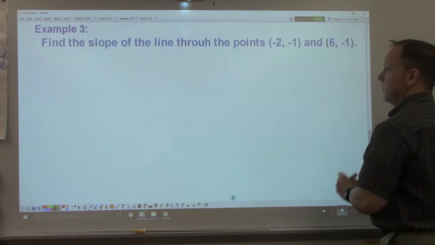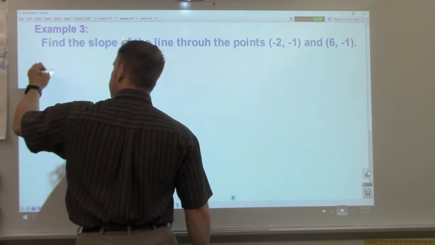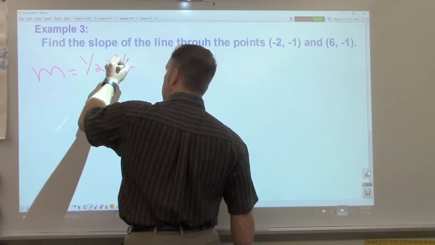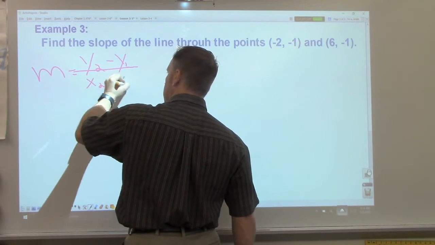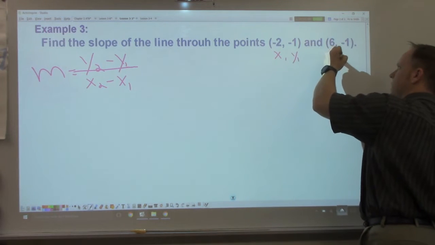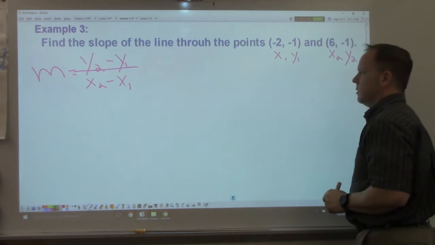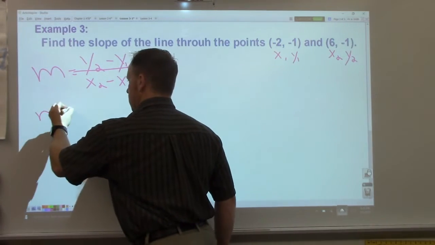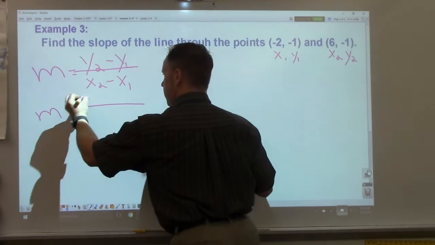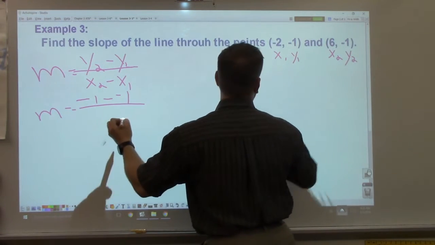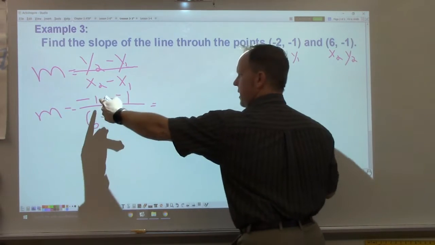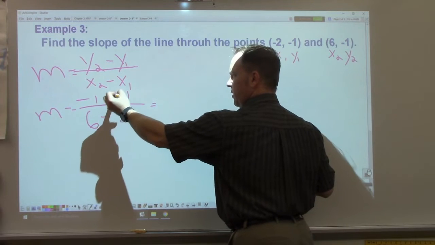Example 3. One more time. y2 minus y1 over x2 minus x1. x1, y1, x2, y2. -1 minus -1, 6 minus -2. -1 minus -1, again, you can change that to plus positive.